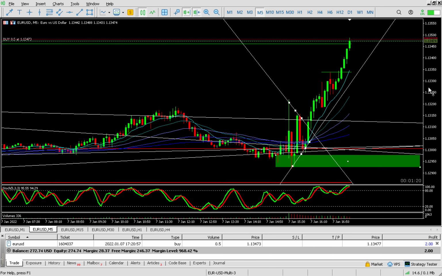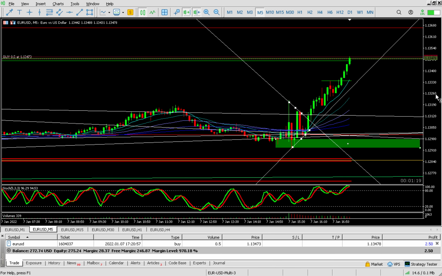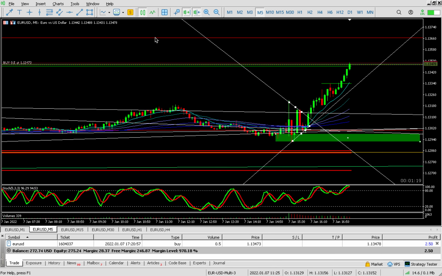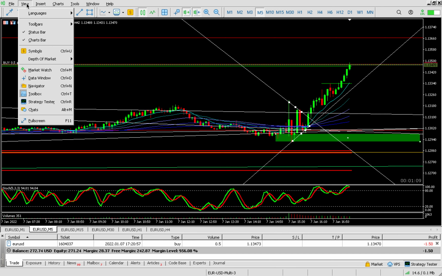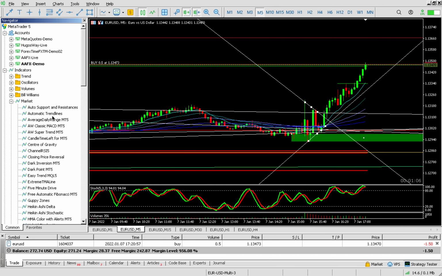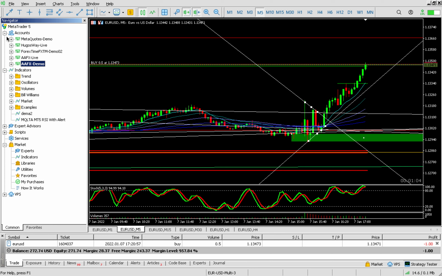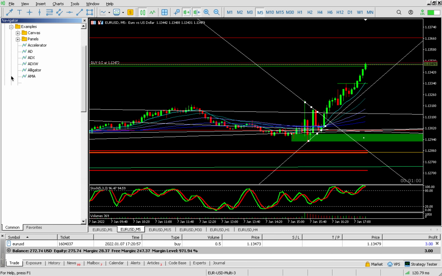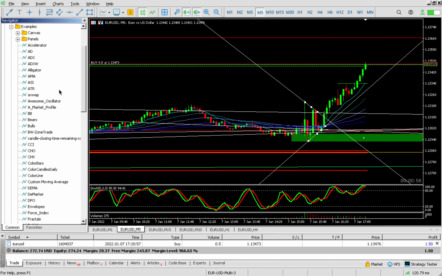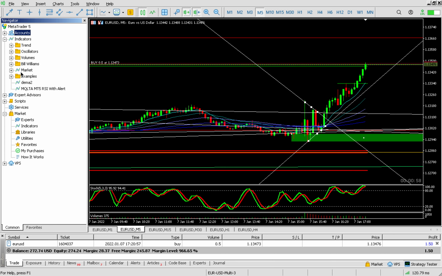So a lot of times people have those marked, or a lot of times price will move around that area. So there's something else I want to peek at real quick. I'm not sure where it is.